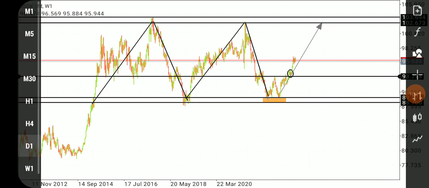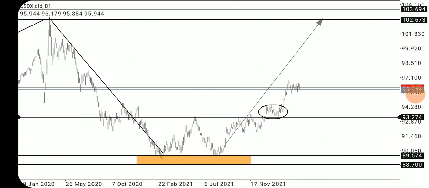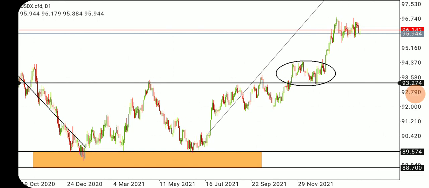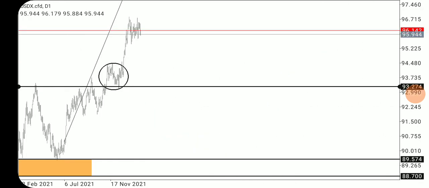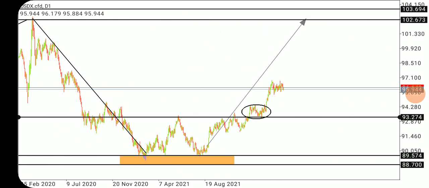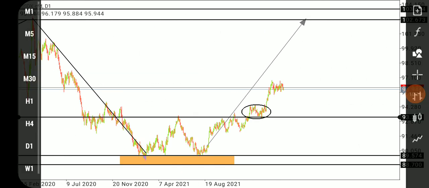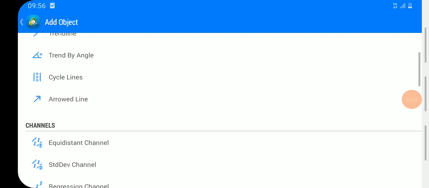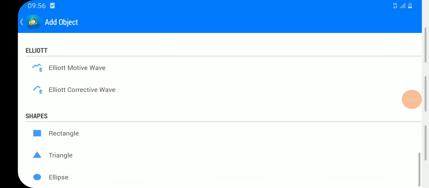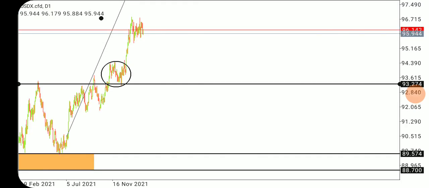so let's go to a daily time frame. Okay, you see the neckline it broke. This is a perfect retest. So now we are here, right here. Let me indicate that with another ellipse.